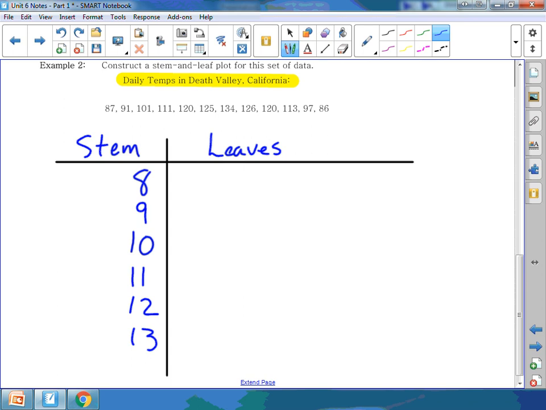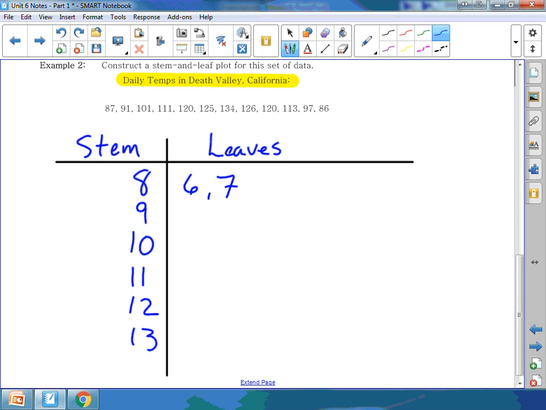Good. So go back up to the 80s. How are we going to list the leaves for this? What way would we put our leaves out there? 6 and a 7, in that order. They must go chronologically, so don't go 7, 6.